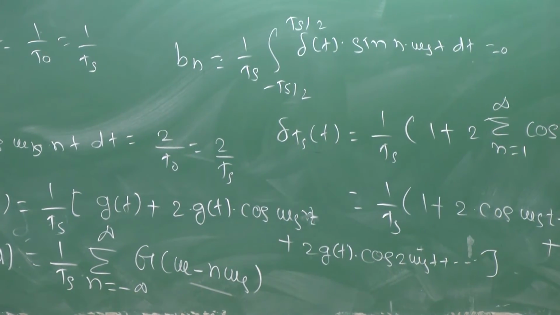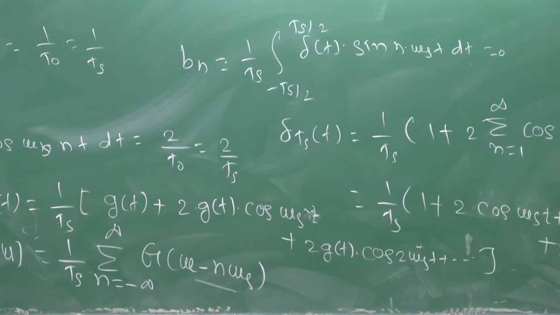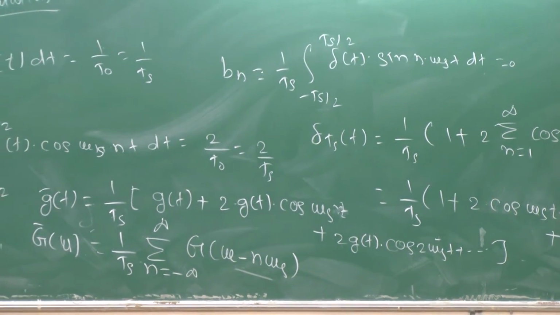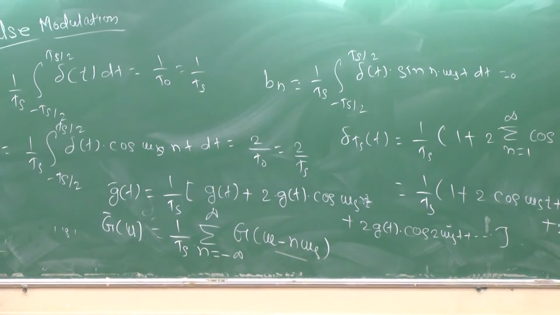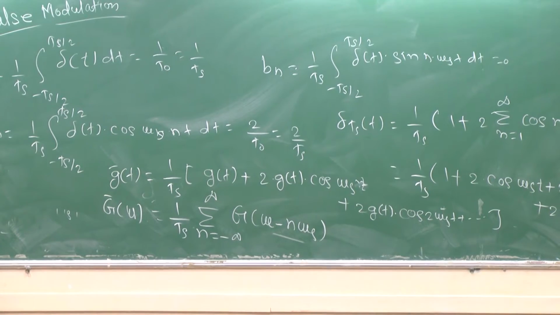So we will get g of t bar, that is equal to 1 by Ts, g of t plus 2 into g of t cos omega s t plus 2 into g of t cos 2 omega s t, that means multiple values.